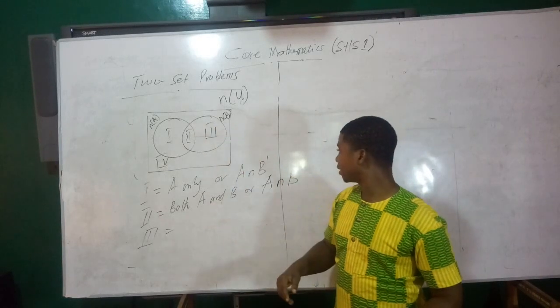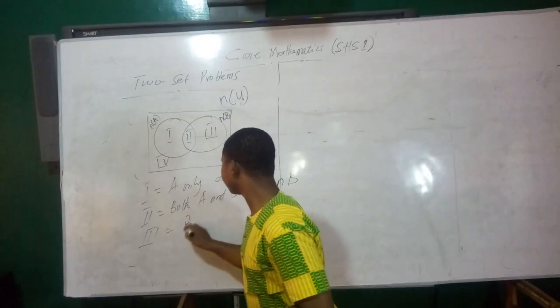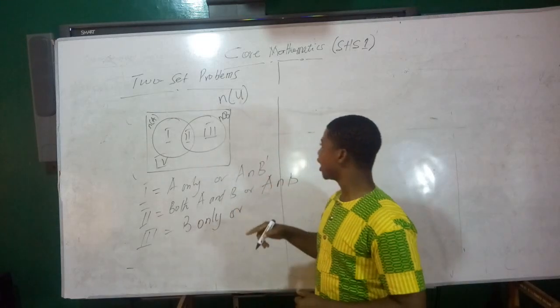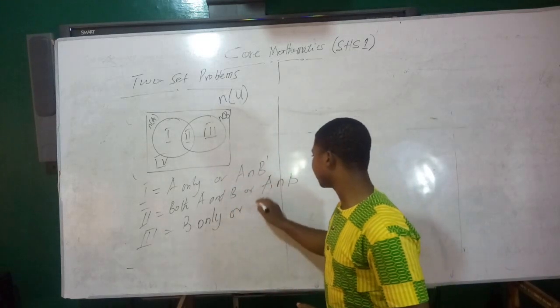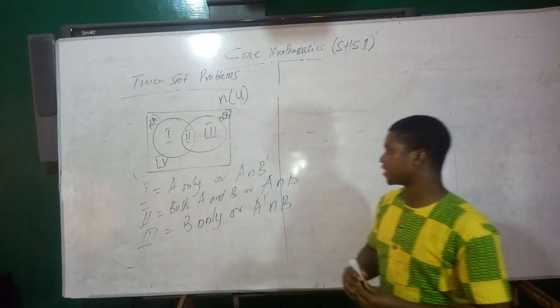We have B only, or A complement intersection B.